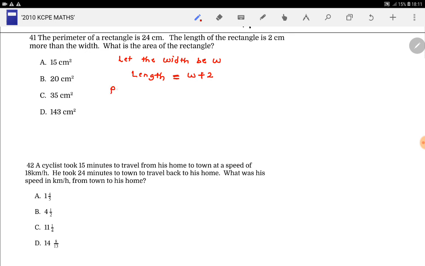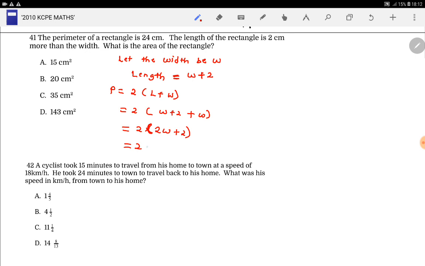So we say perimeter is given by 2 times length plus width, which is 2 times length, which is W plus 2, plus width, which is W. So perimeter is equal to 2 times, in brackets, W plus W is 2W, plus 2.